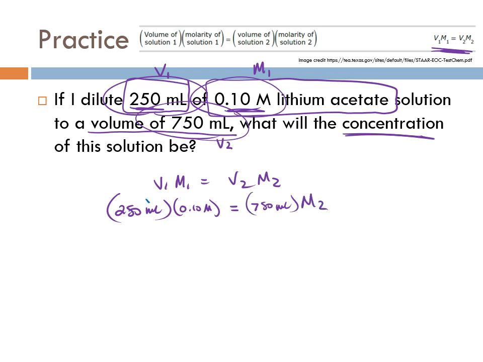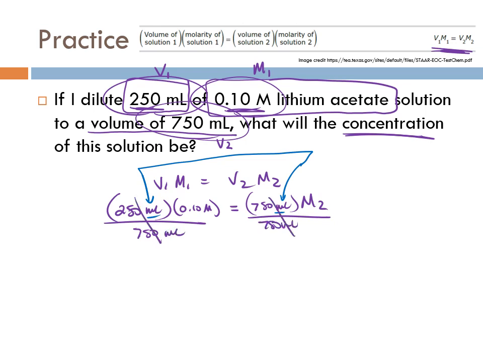I have not converted my milliliters to liters because they both match. As long as your labels match, they're golden. If they don't match, you have to convert one to look like the other. Let's go ahead and do some algebra here and solve for M2. So 250 times 0.1 divided by 750 should give us M2.